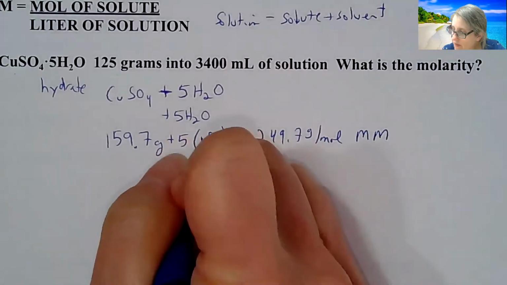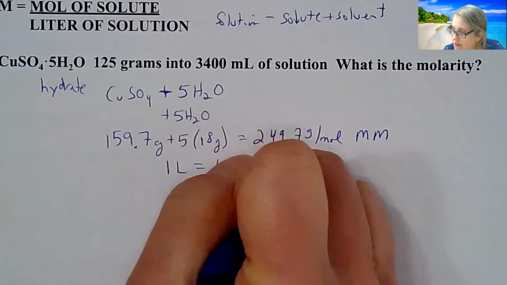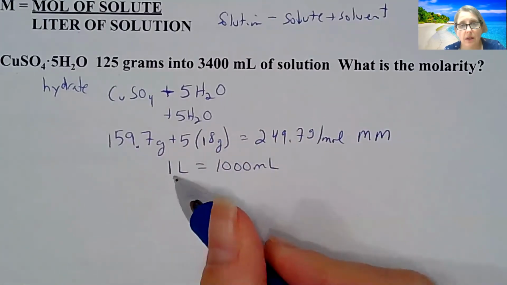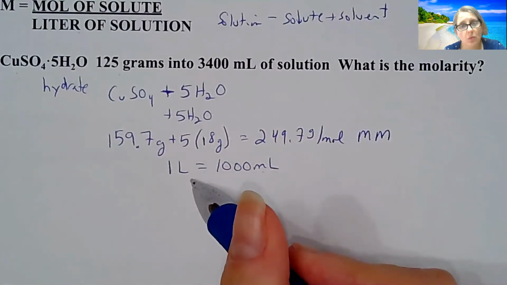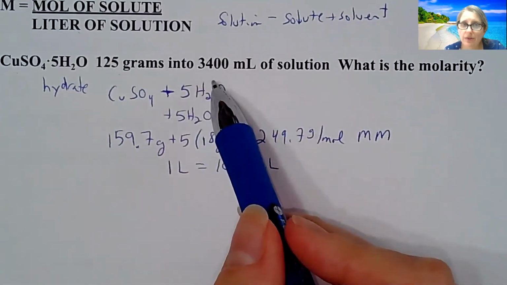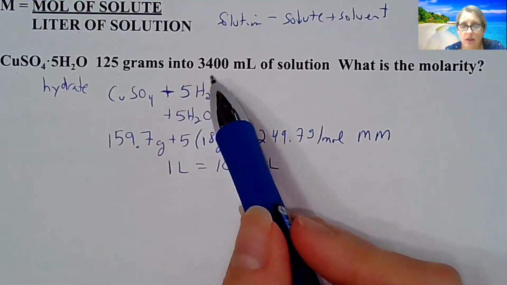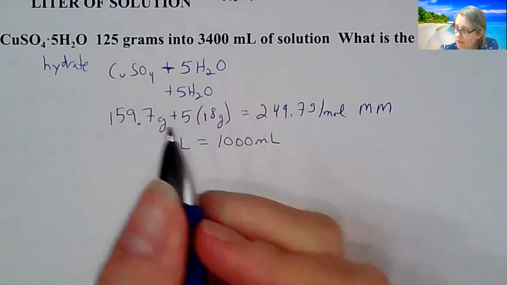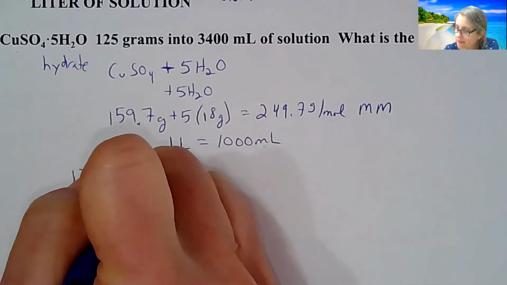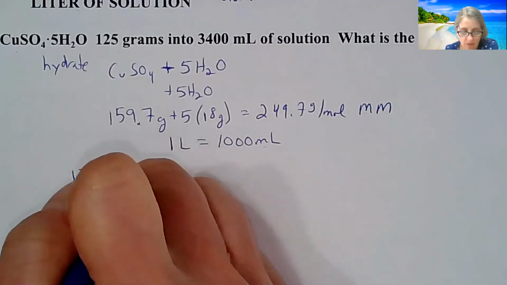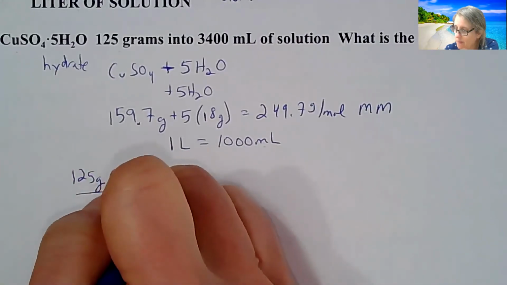So the only other thing I need to remind you of is what's a milliliter? So 1,000 milliliters equals 1 liter. So we will have to convert this part to liters. I cannot put that into the equation unless I convert it. So over here, what I'm going to do is take the 125 grams of my copper sulfate, and I could set it up as a proportion.